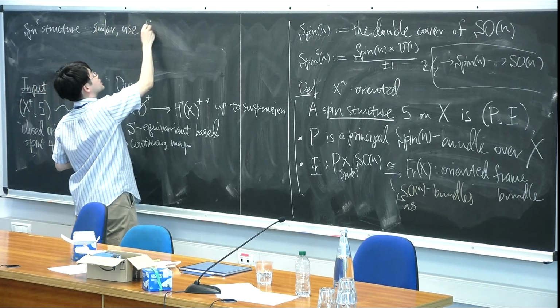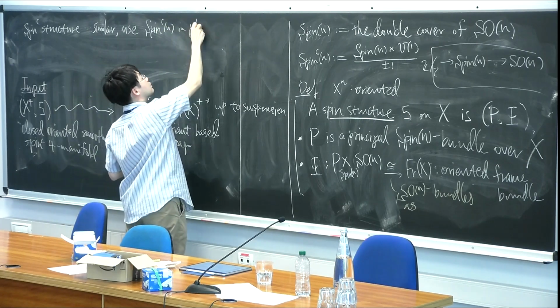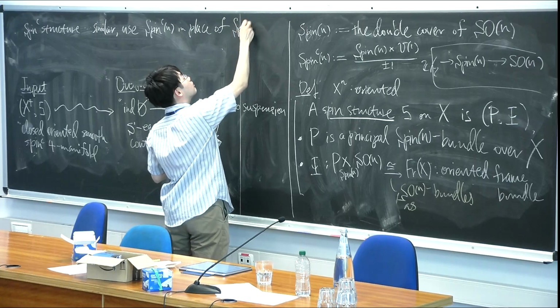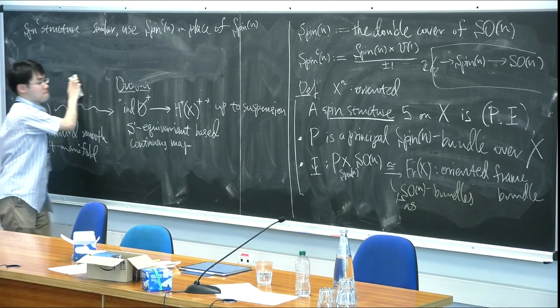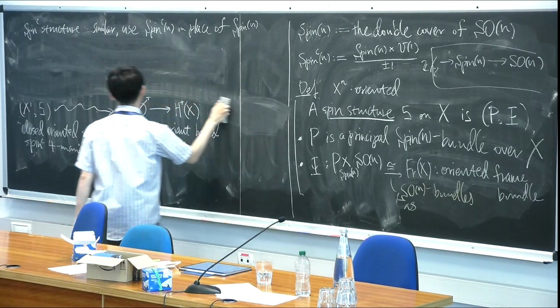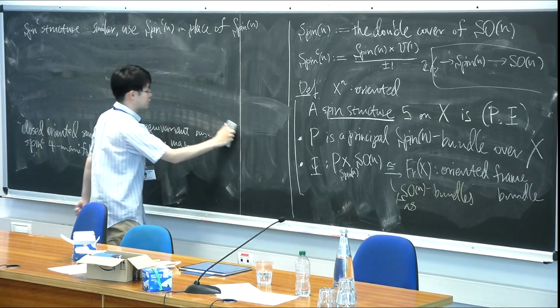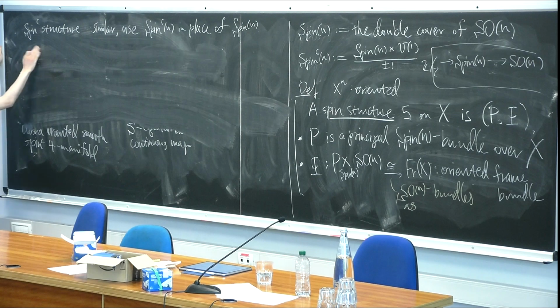Just simply use this Spin-C(n) group in place of the spin group in this definition. And in general, there is no canonical choice of spin structure or spin-C structure. And the set of those structures is well classified by some homology. So here they are.